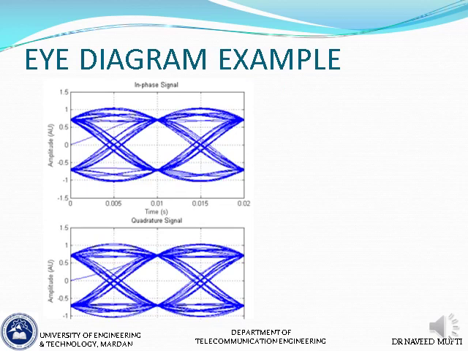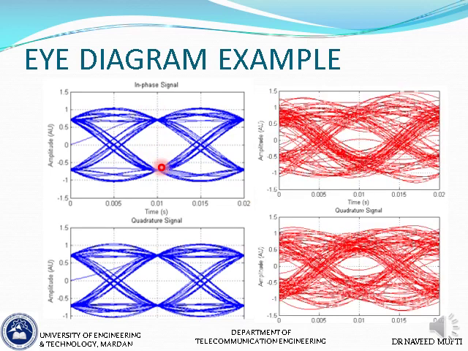And if you look at the eye diagrams in both scenarios, this is the noiseless signal with a very clear eye opening horizontally and vertically, and this is the noisy signal, the one passed through AWGN. And as you can see what happened to the eye diagram opening.